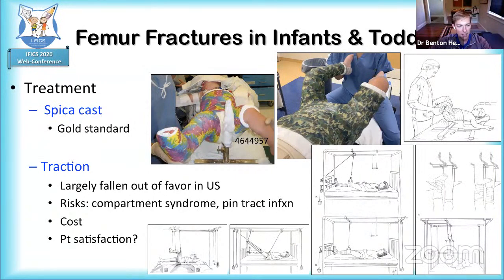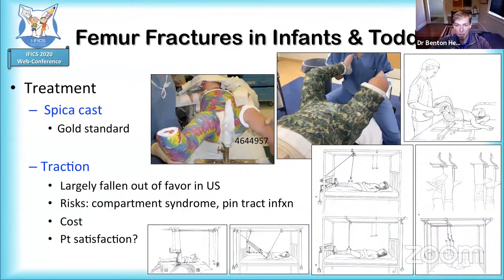So spica casting may be the gold standard, and Uni has some terrific principles to share in his talk about spica casting for the younger subset of the middle age group that he's covering.